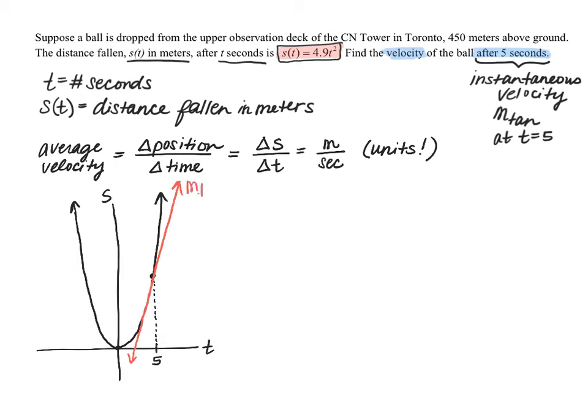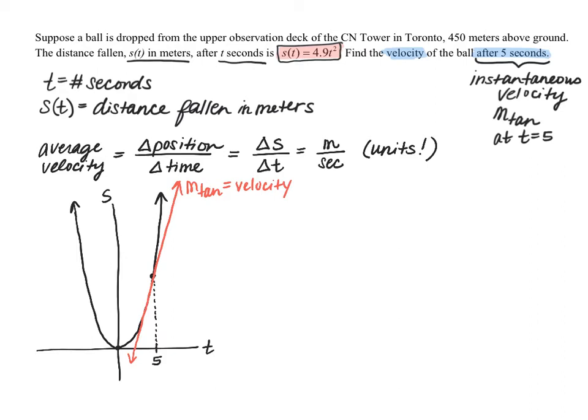The slope of the tangent line will give me the velocity at time 5. Now, I cannot find the slope of this line directly because I only have one point. So we're going to create a secant line and estimate its slope. That will get me the average velocity, and then we use those secant lines to estimate the slope of the tangent.